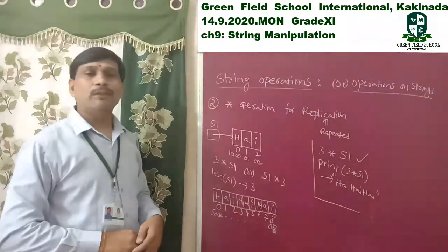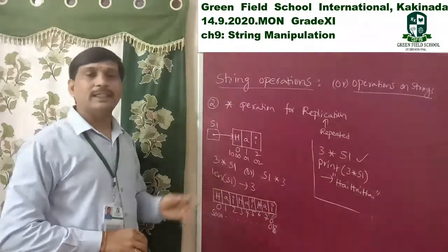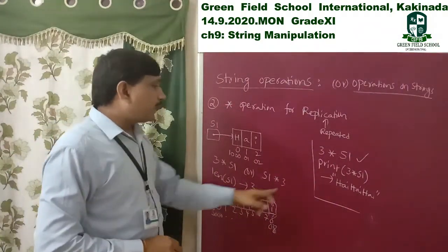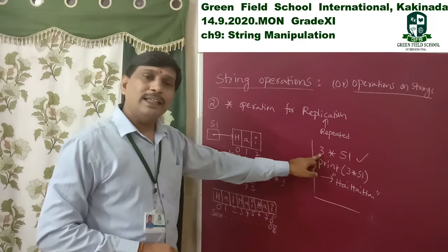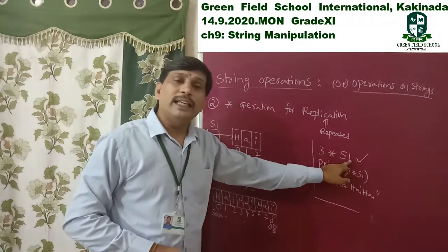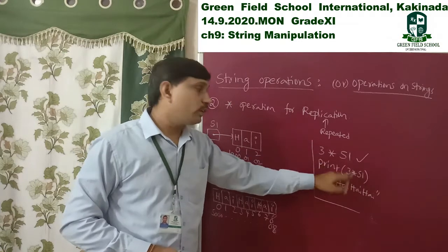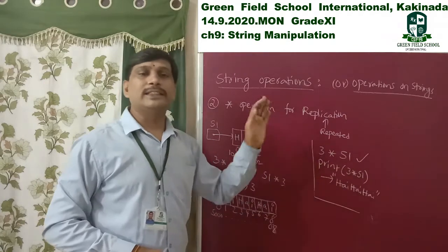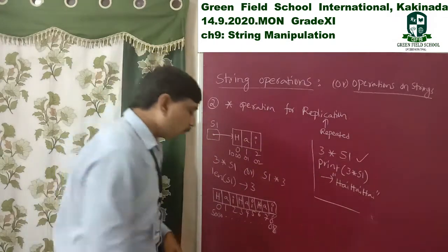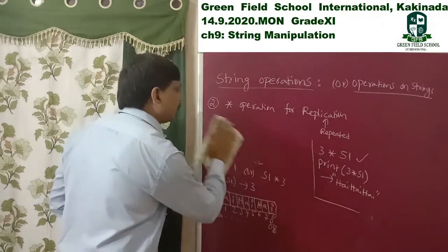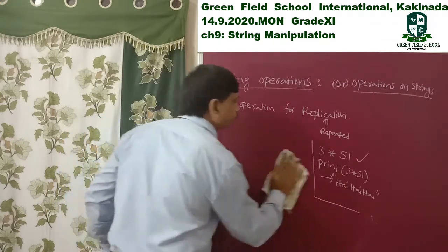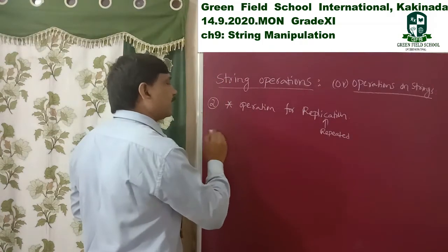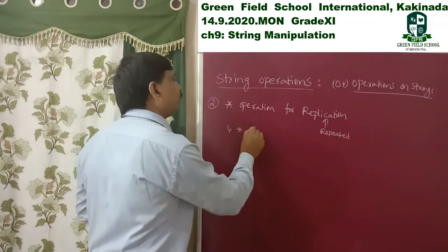One more note here. As in the concatenation operator, we observe that the first operand is either integer or string, and the second operand is either integer or string. If one operand is integer, the second is string, or if one is string, the second is integer. Suppose both operands are integers, 4 star 5.